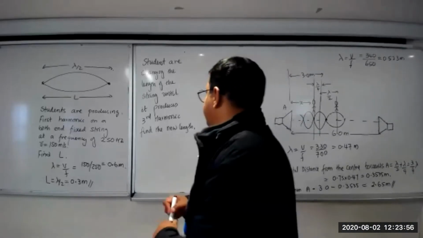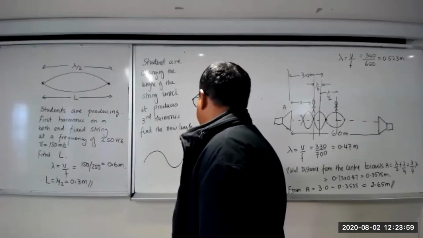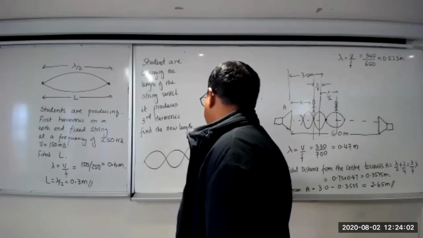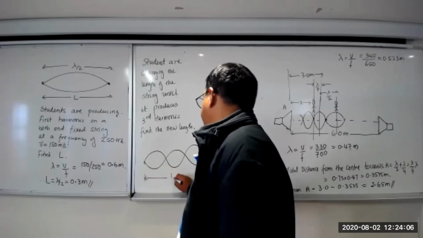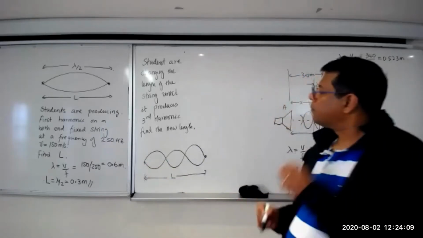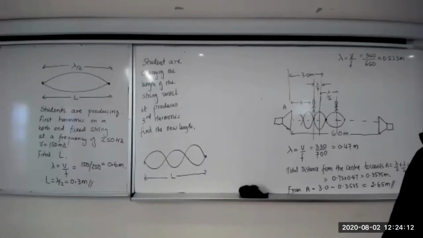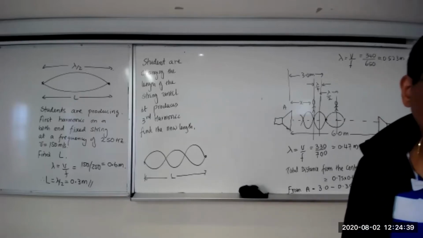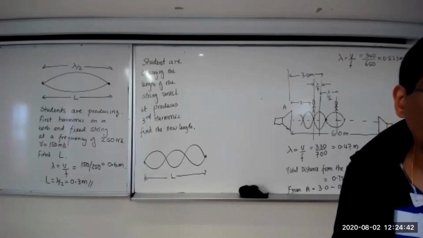The third harmonic is 3 loops. Yeah, Pasan, Tisara, Lakshri, Akshat. Yeah, it's all good.